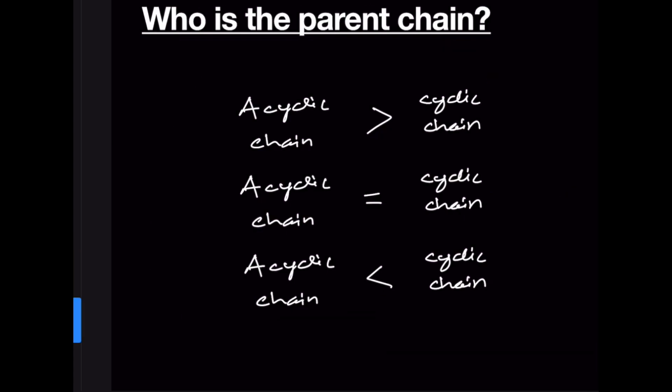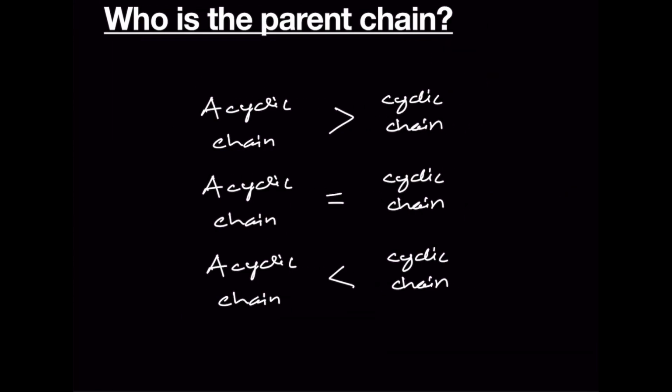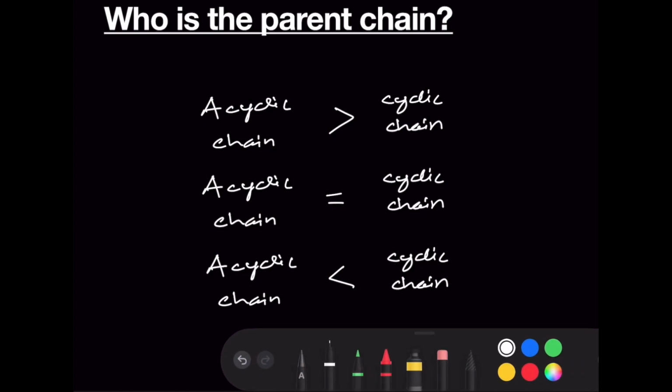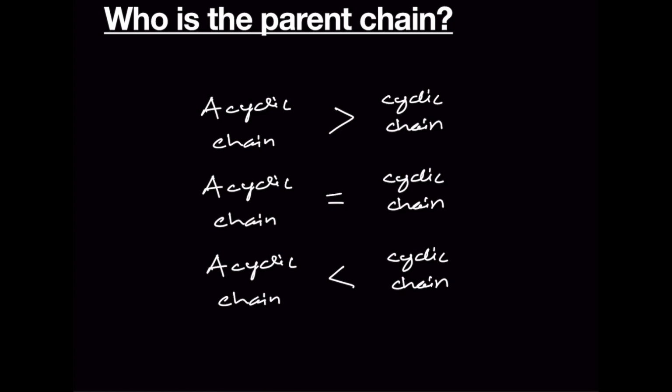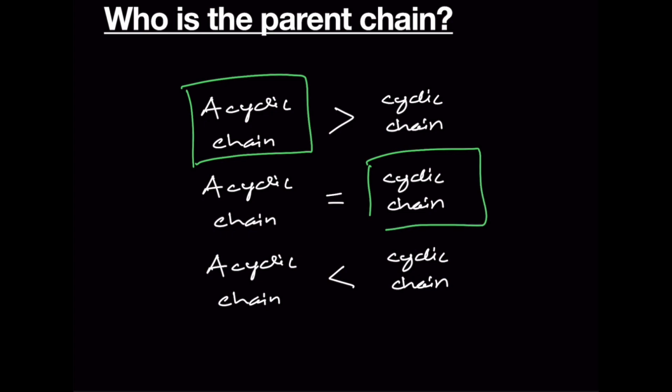Just to revise what we have learned regarding who is the parent chain. If the acyclic chain length is greater than the cyclic chain, then your acyclic chain is the parent. If the length of the acyclic chain is equal to the cyclic chain, then the cyclic chain is the parent.